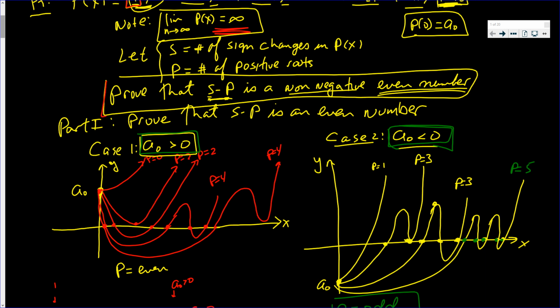And think about why this is sufficient. So, we want to prove that S minus P is a non-negative even number. That means we want to prove that S minus P is non-negative and it's even. Well, I just showed the even. Now I want to show that it's non-negative. And if I do show it's non-negative, then S minus P will be a non-negative even integer.